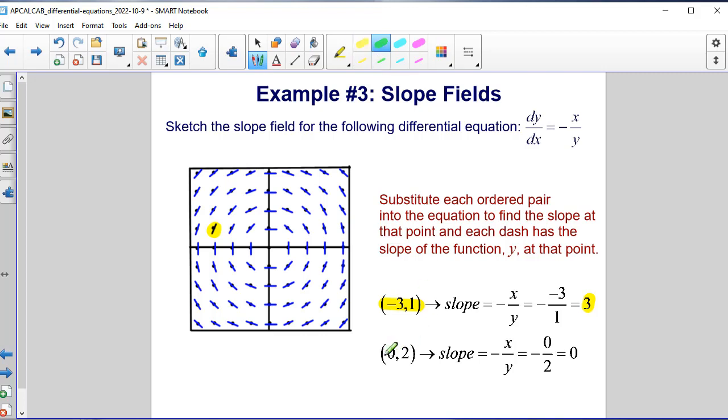If I consider the point (0, 2) and plug it into the differential equation, negative x over y, I obtain a slope of 0. And when I look at the point (0, 2), here I have a dashed line with a slope of 0. And I would continue that concept throughout the entire graph to generate a slope field.